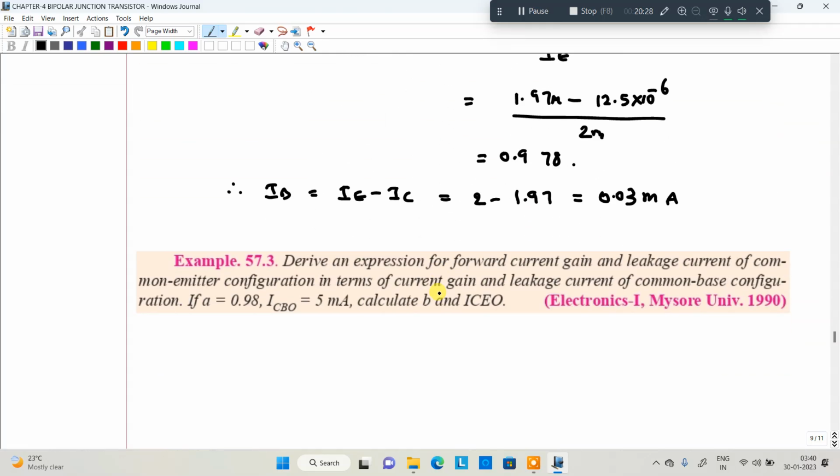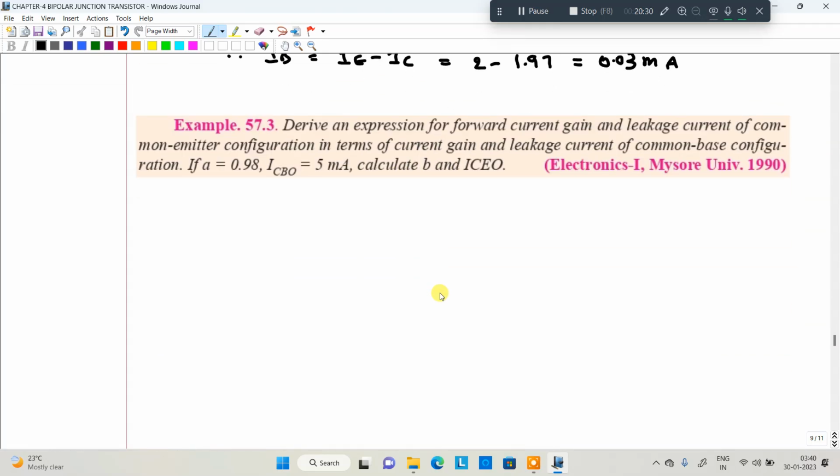After that, we are moving to the next problem. Problem number 3: derive the expression for the current gain and leakage of a common emitter configuration in terms of current gain and leakage of a common base configuration. If alpha is equal to 0.98, ICBO is equal to 5 milliamperes, calculate beta and ICEO.